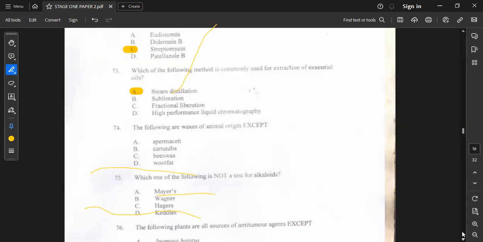They can also be extracted. I'm just adding to what you've said, but they can also be extracted using the enfleurage method. In enfleurage, we take a part of the fixed oil, then we put our flowers or the part which we want to extract. After some time, we just remove them. We can pass on some hot steam or just leave them there for some days.